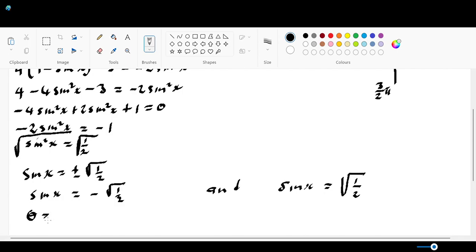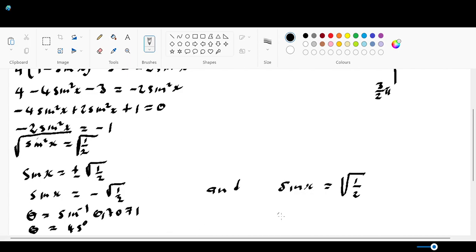I can denote our acute angle by theta, to avoid confusion. So we can say theta is the arc sine of square root 1 over 2, which gives us 0.7071, and our theta is going to be 45.